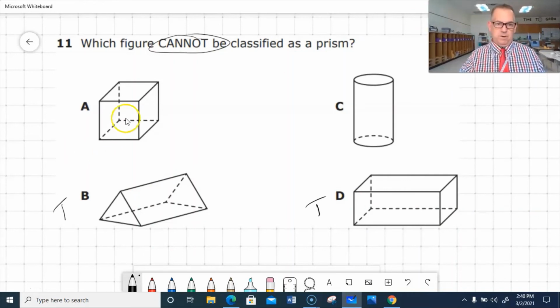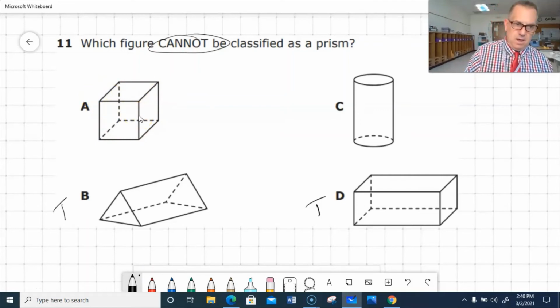I have 2 other shapes here. It looks like a cube and a cylinder. I know a cube has all the same attributes as a rectangular prism, and we can classify a cube as a rectangular prism because a rectangular prism has 2 rectangular bases with rectangular faces connecting those bases, and a cube has 2 rectangular bases with rectangular faces connecting them.